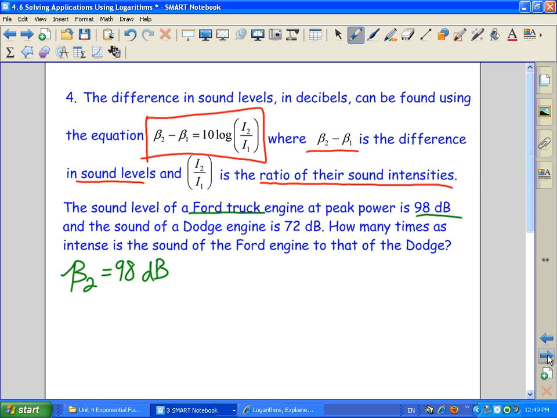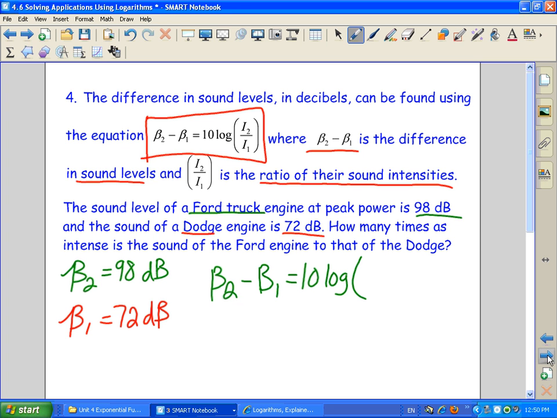And it says the sound of a Dodge engine is 72 decibels, so that's beta 1 equals 72 decibels. And then it says, how many times as intense is the sound of the Ford engine to that of the Dodge engine? So let's write our initial formula in. So it's 10 log I2 divided by I1.